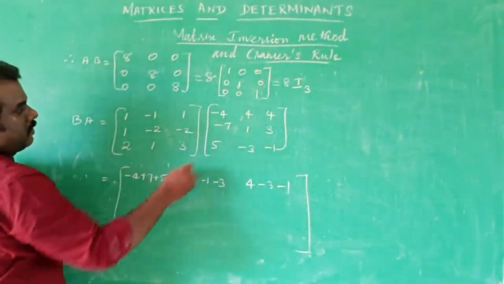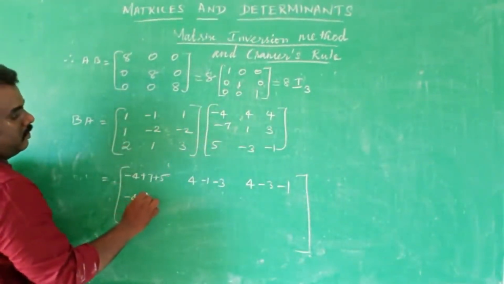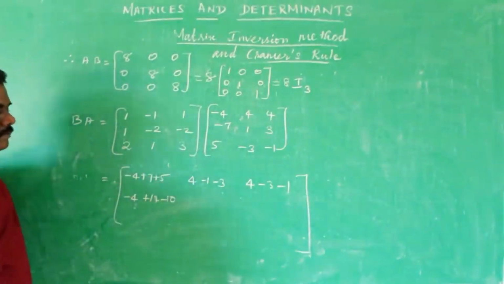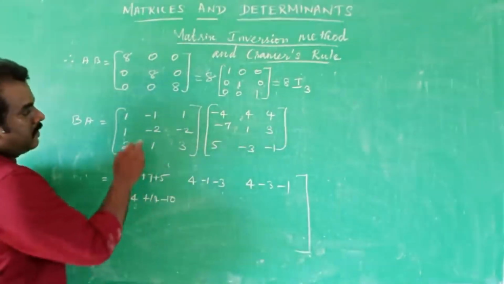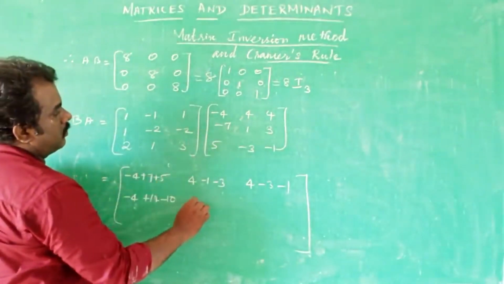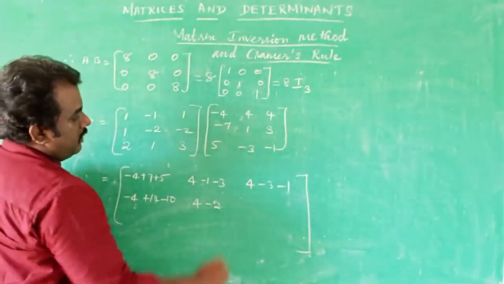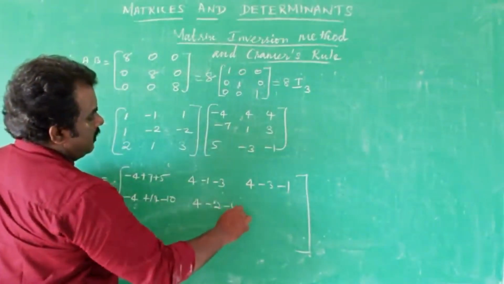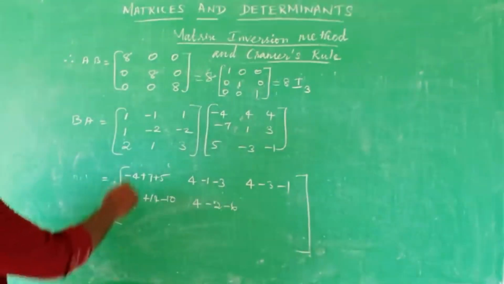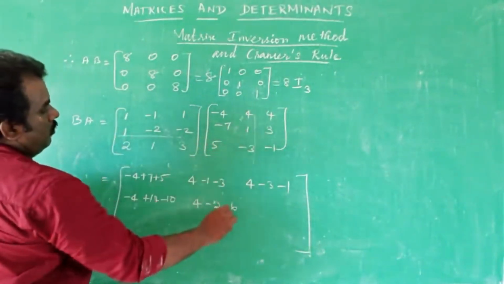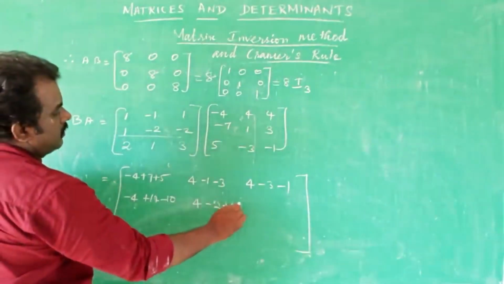Then second row, first column: minus 4 plus 14, the next is minus 10. The next is second row, second column: 4 minus 2, the next is minus 6, that is minus 2 plus 6.